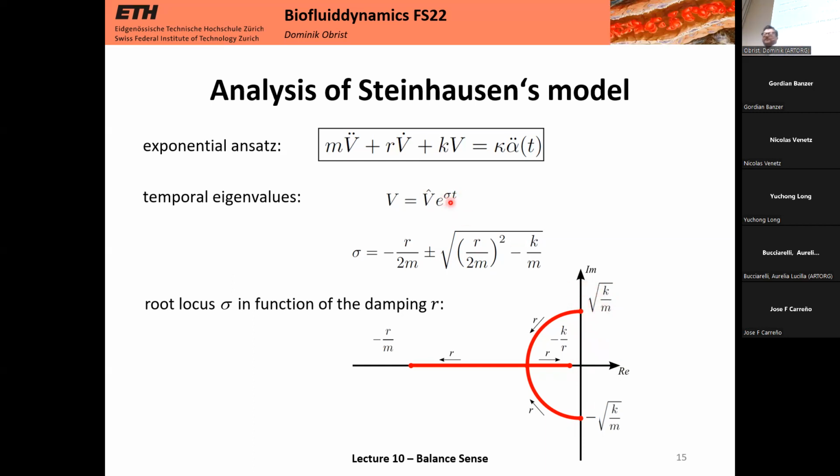If sigma is a complex valued number, well, then we have e to the i something t, and that's an oscillator. So this is the simple case where we have an undamped oscillator, and the square root of K over M is just the resonance or the eigenfrequency of the oscillator. Stiffness divided by mass, the square root thereof, is the eigenfrequency of any oscillator.